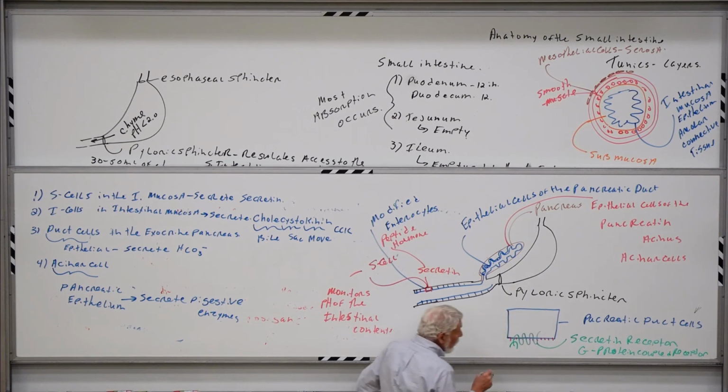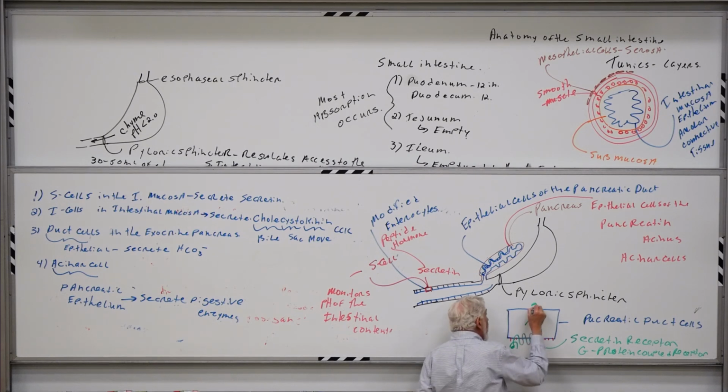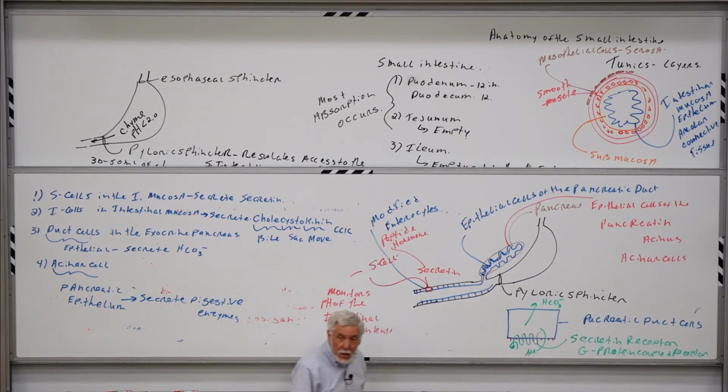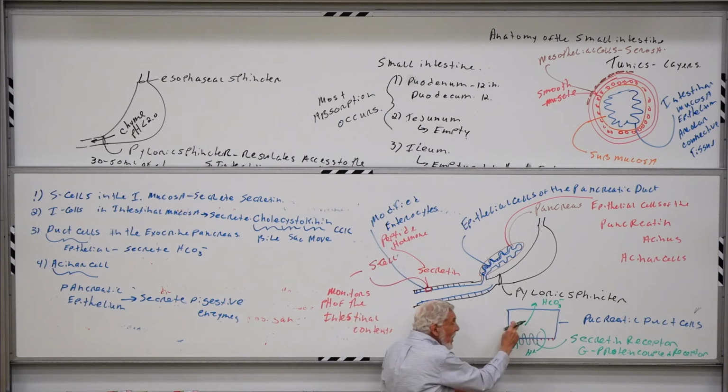What the G protein coupled receptor does when it binds to the secretin is that it increases the release from the apical surface of bicarbonate. And it increases the release from the basal surface of hydrogen ion. And in fact, this cell uses the same molecule that we talked about yesterday.